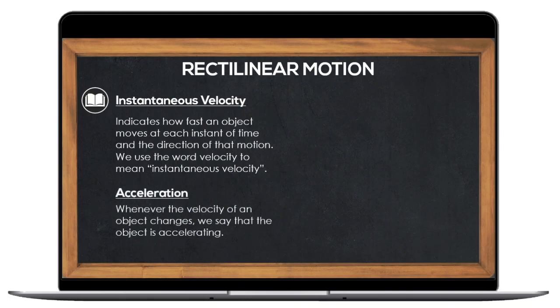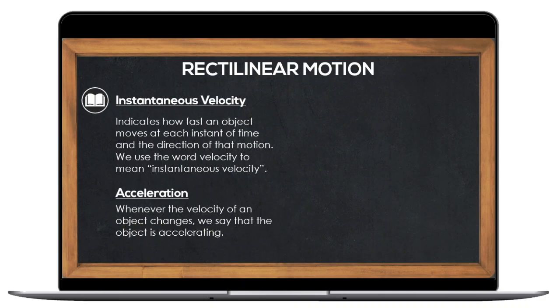Acceleration. Whenever the velocity of an object change, we say that the object is accelerating. Okay? So when there is a change of position per unit time or at an instant of time, we have an instantaneous velocity or the velocity itself.